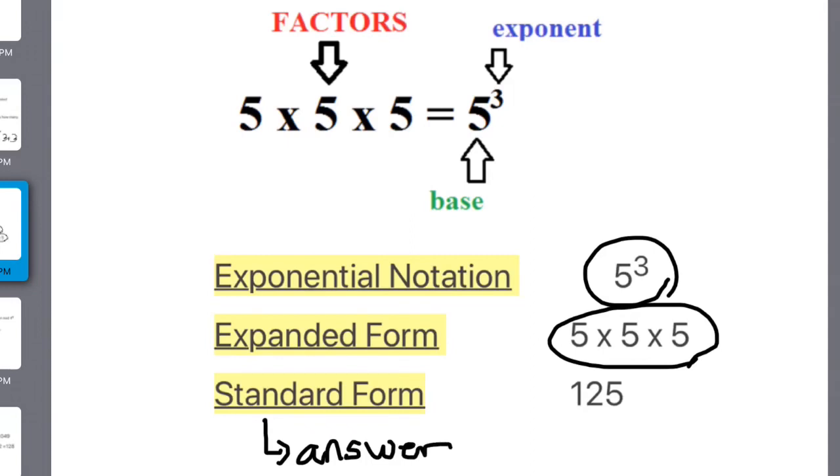So if I multiply 5 times 5, it's 25. And then 25 times 5 is 125. So the answer to 5 cubed is 125. Or the standard form is 125. So let's pause the video and copy this into our notes.